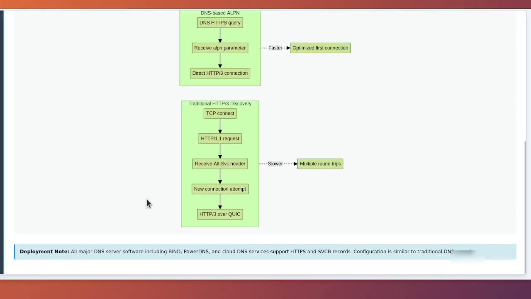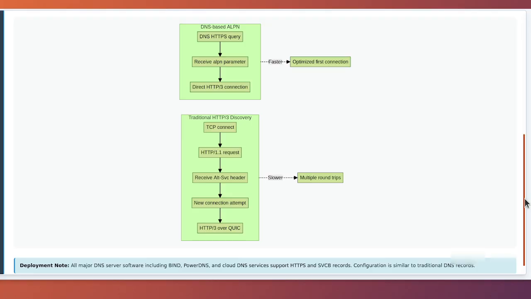The most obvious benefit is connection optimization. Clients can avoid wasted connection attempts by knowing upfront which protocols a service supports. For HTTP/3 in particular, this is transformative. HTTP/3 operates over QUIC on UDP, which is fundamentally different from the TCP-based HTTP/1.1 and HTTP/2.